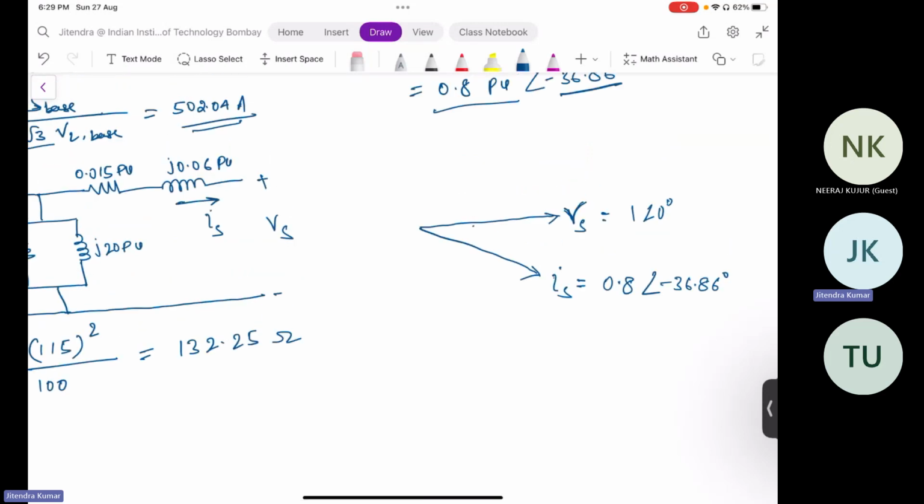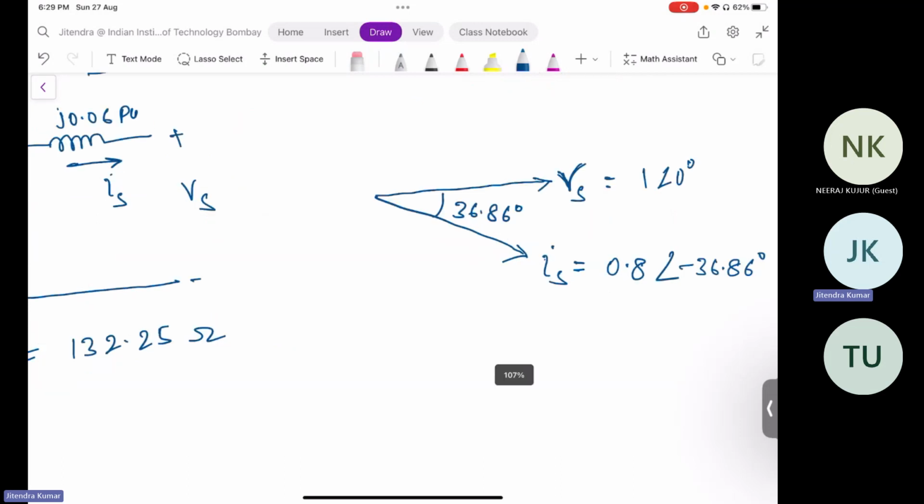So to complete the phasor diagram, what is left? We have drawn voltage and current. What is left here?